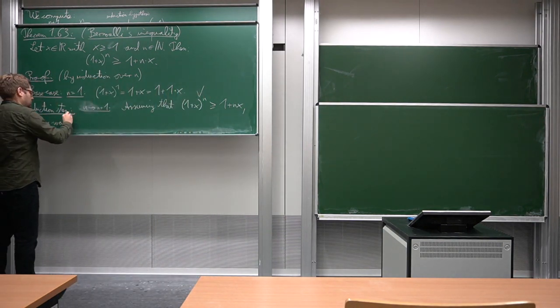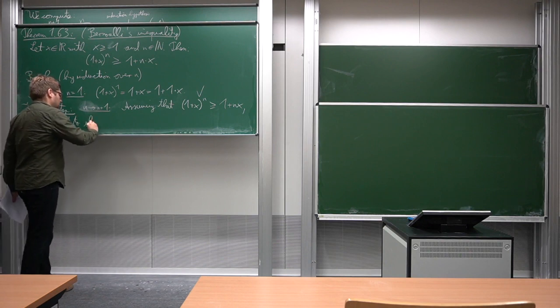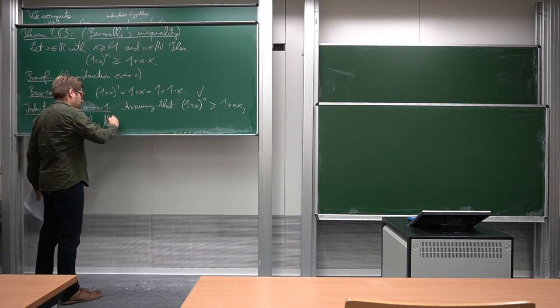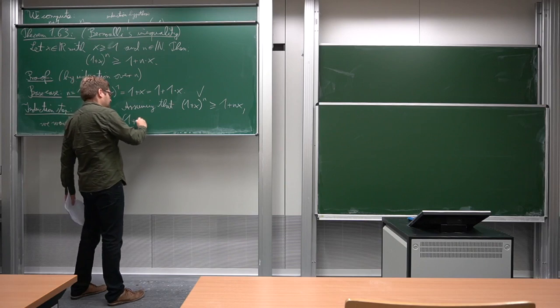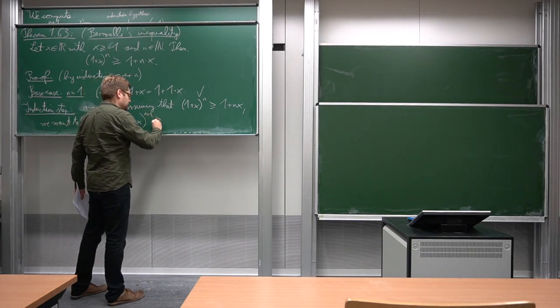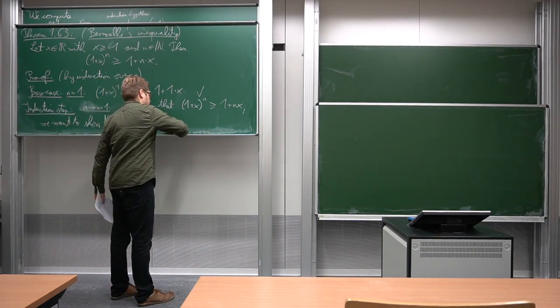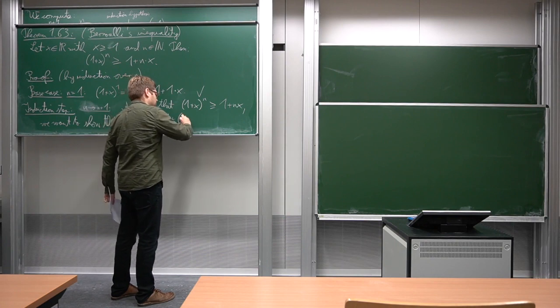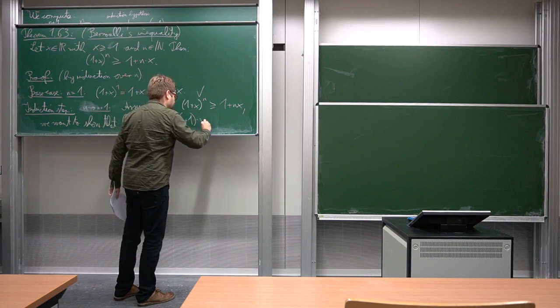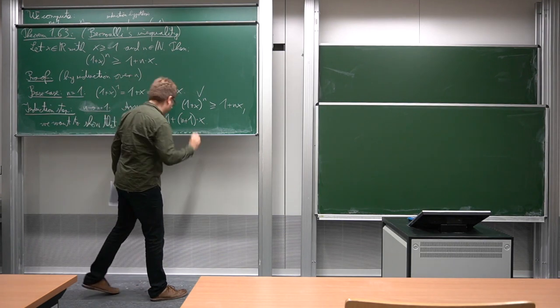We want to show that 1 plus x to the n plus 1 is bigger than or equal to 1 plus n plus 1 times x. So this is what we need to show.